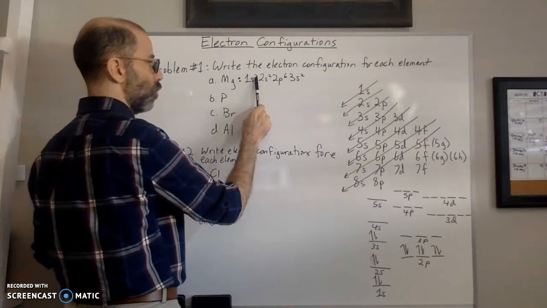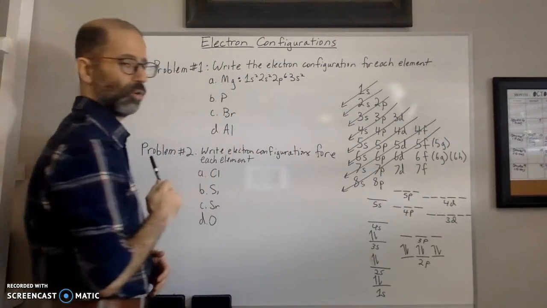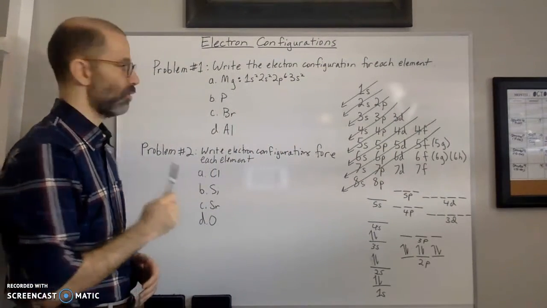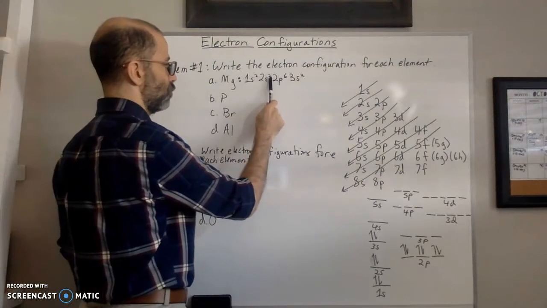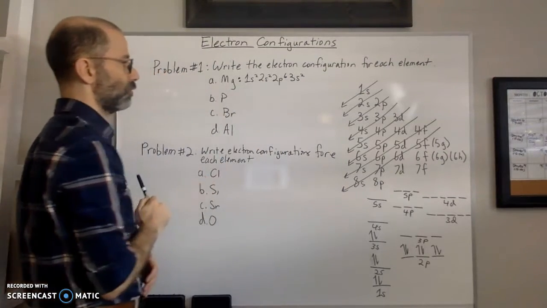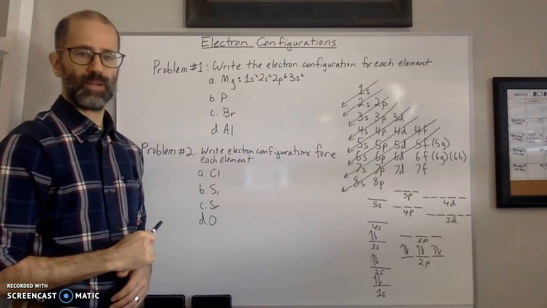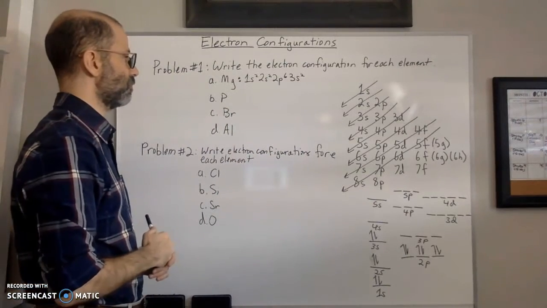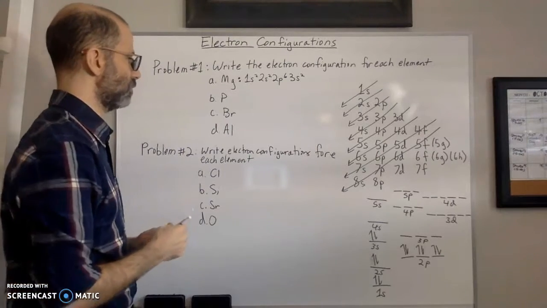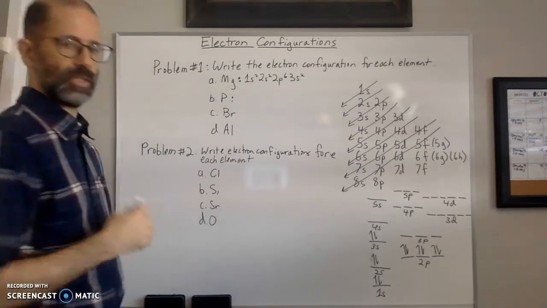And then notice that the total of the superscripts should add to the total number of electrons that you have. So 2 plus 2 is 4, plus 6 is 10, plus 2 is 12. So that is a good way to verify that you've got the right electron configuration.